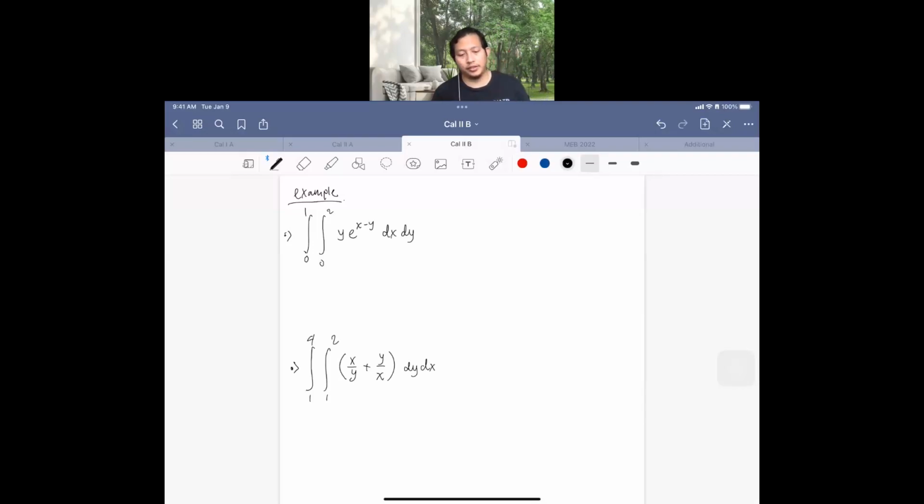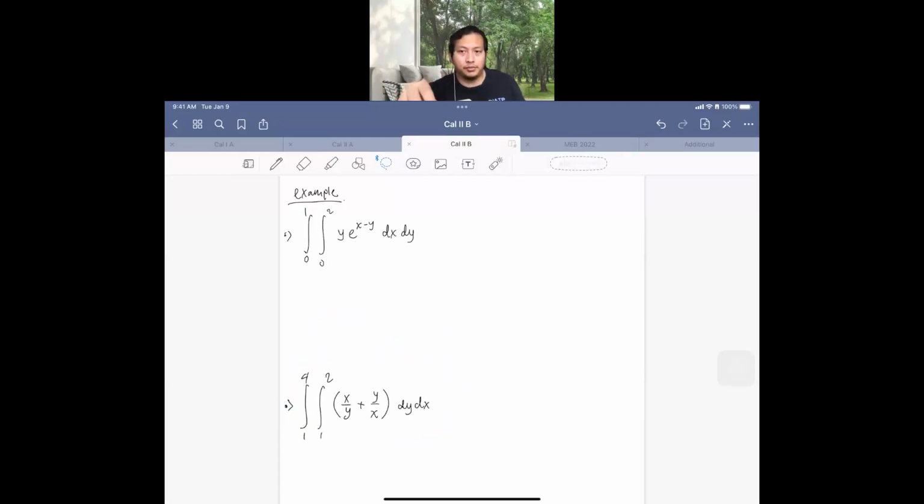You can try these for a few minutes, 2-3 or maybe 5 minutes, and after that we can continue to 15.2.